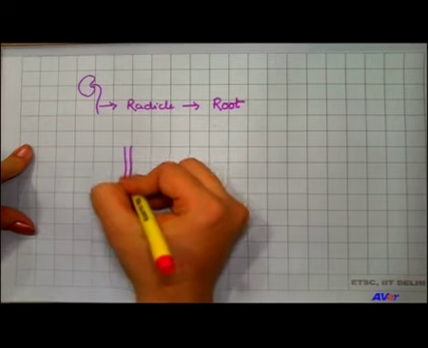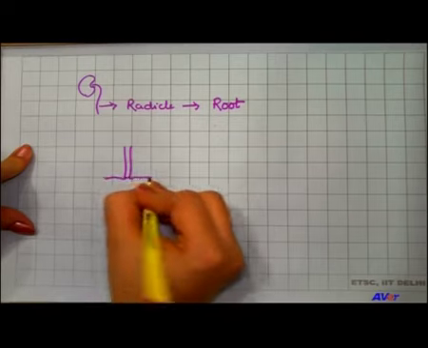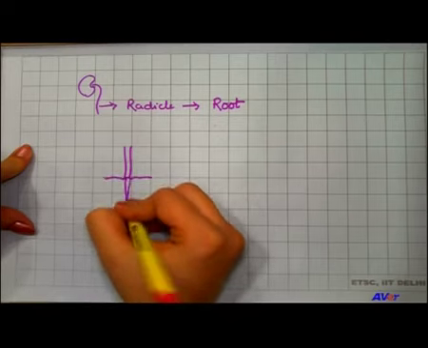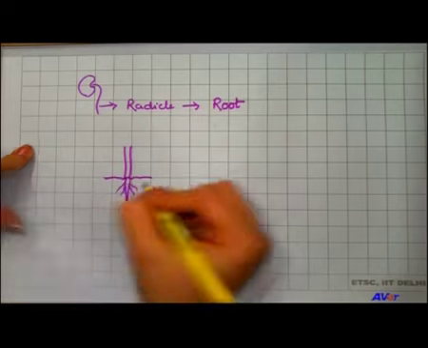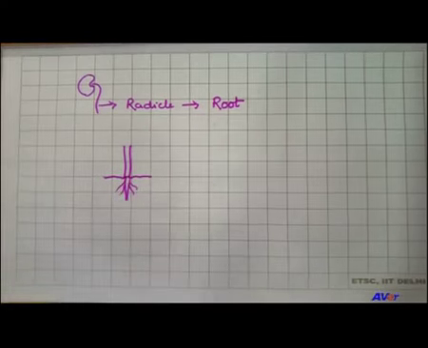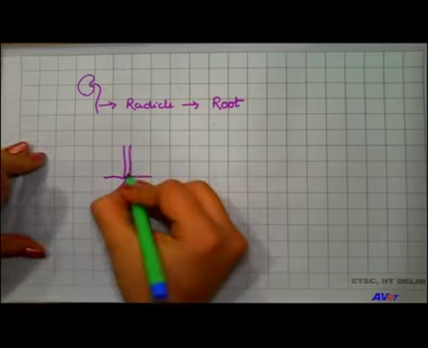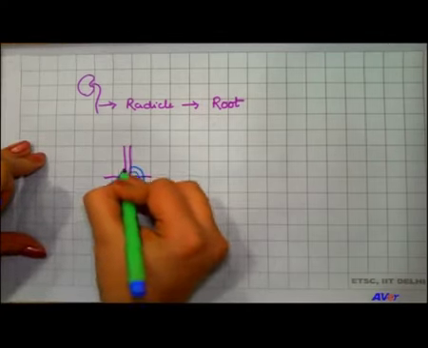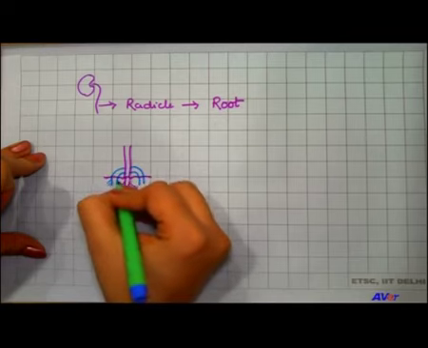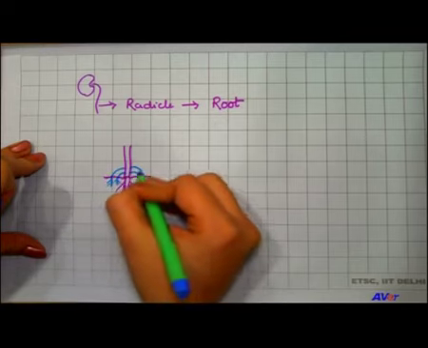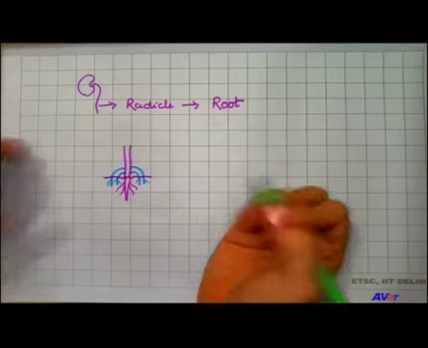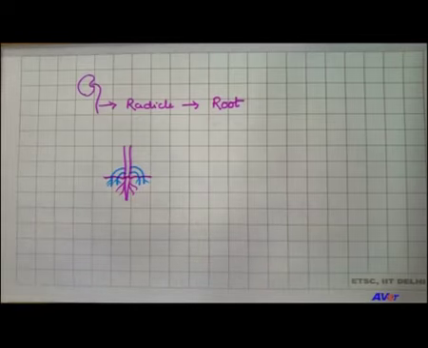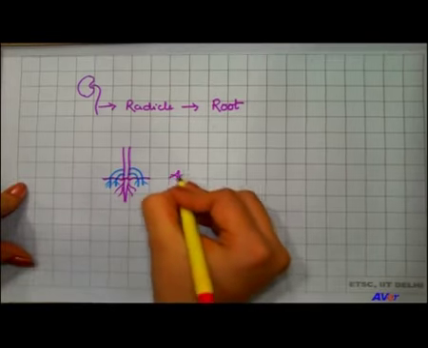If this is the stem and this is the layer of soil and normal root growing here, there may be chances that sometimes some roots arise from other parts, the lower parts of the stem. These structures grow towards the soil and function as root. These roots are known as the adventitious roots.